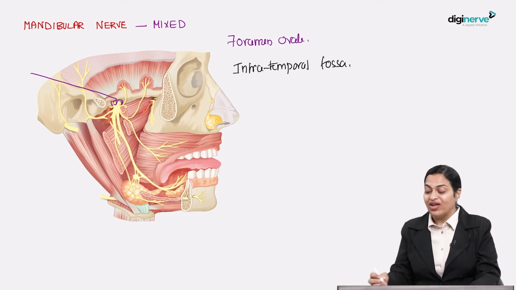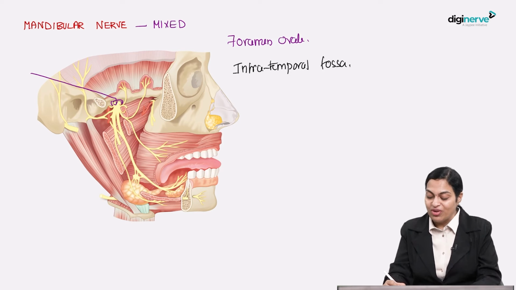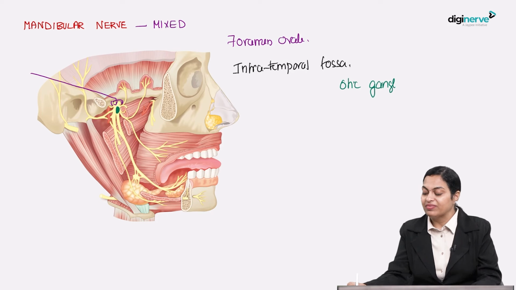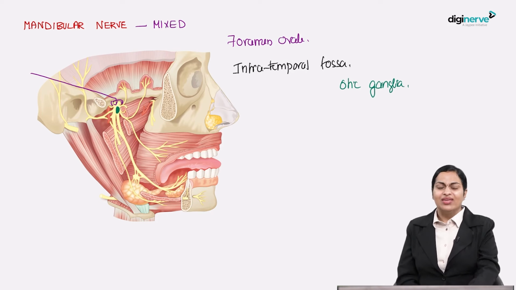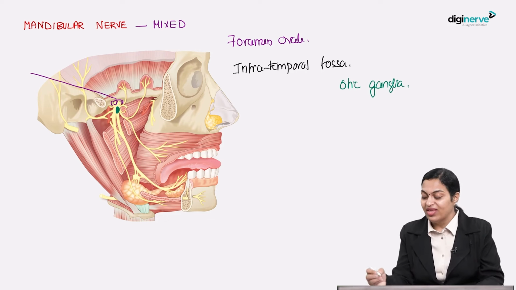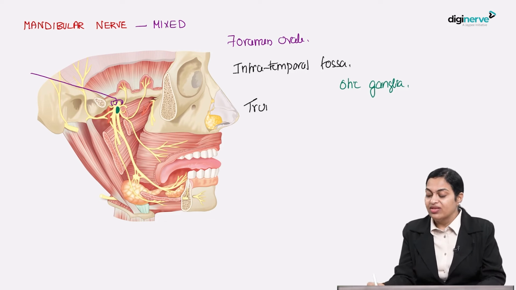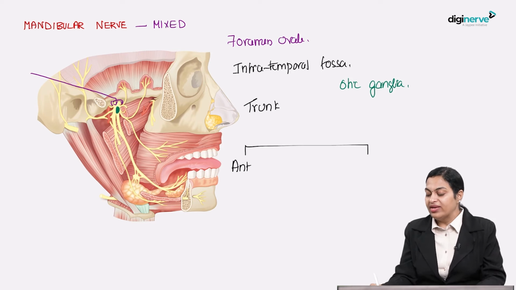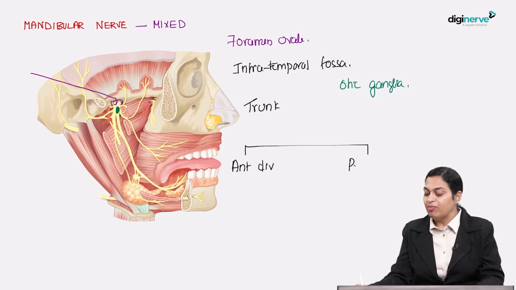And in the infratemporal fossa here, it's going to be related to a ganglia called the otic ganglia, right? And what are the branches coming from this mandibular nerve? It has a trunk. The trunk will then quickly divide into an anterior division and posterior division.